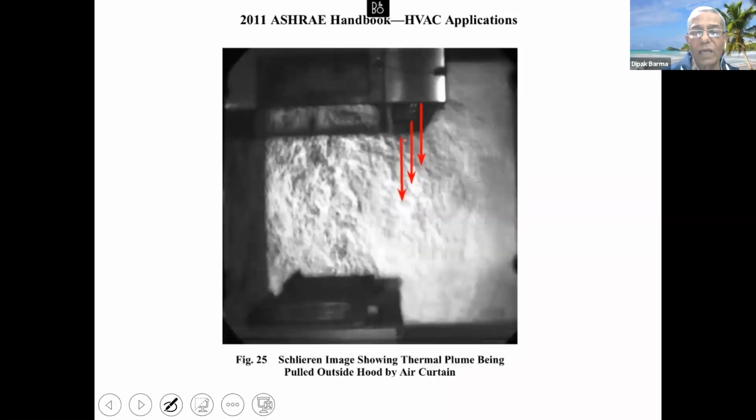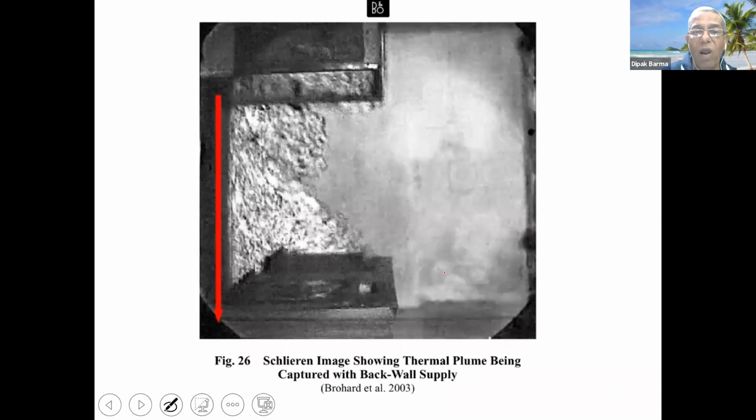Now, this is where it comes straight down. The moment it is like this, it will have a tendency of pulling the smoke out of the hood, and it will spread. So this is one area which we have taken into account. Straight down is not a very good idea. Backside, if you see, because of the air flowing from the backside, the plume gets smaller and goes into the hood.